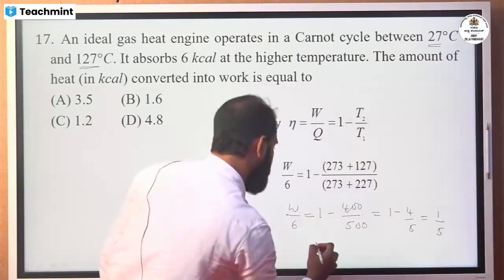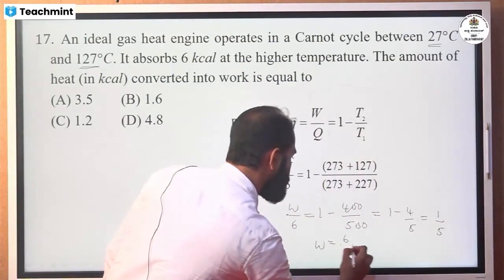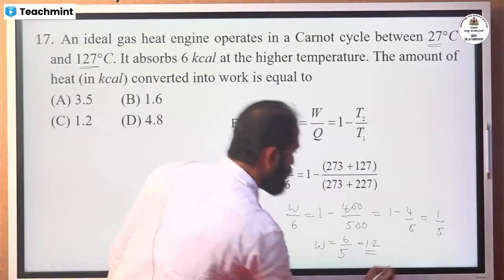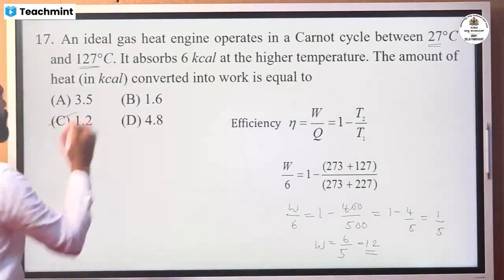Now take it to the other side. So W can be written as 6 divided by 5, which is equal to 1.2. So 1.2 kilocalorie, option C.